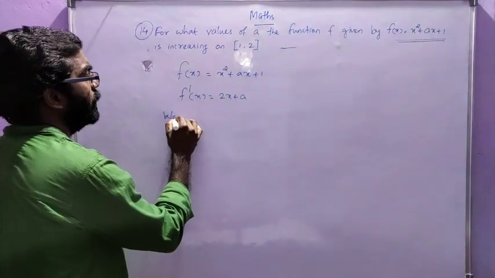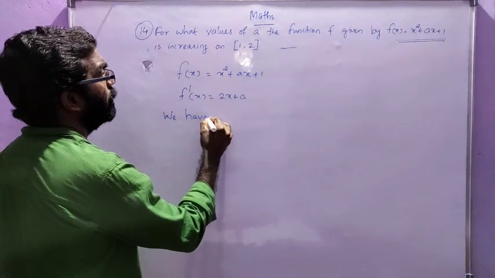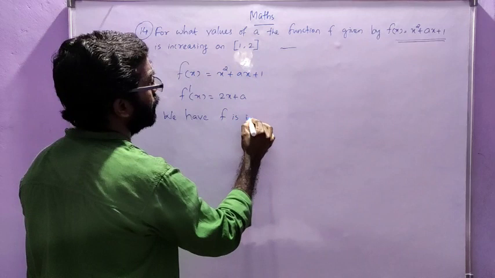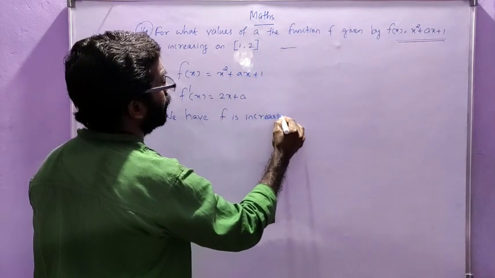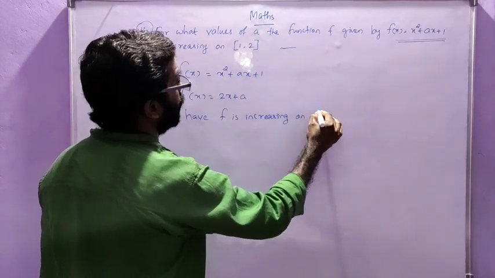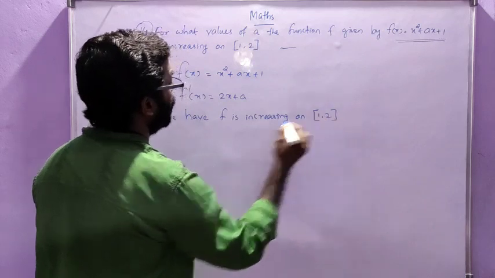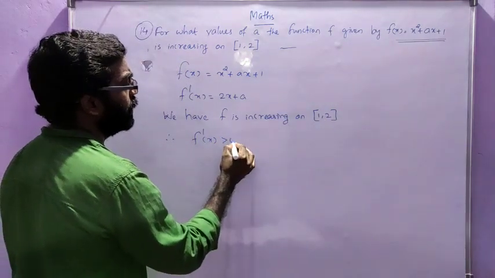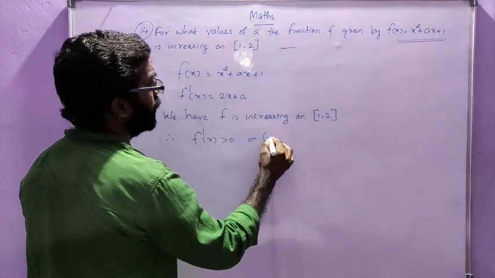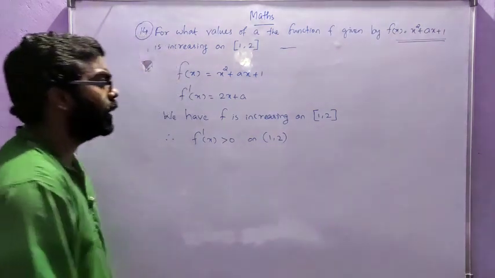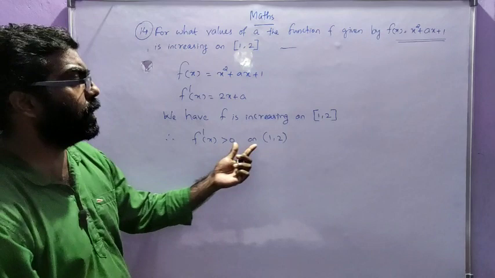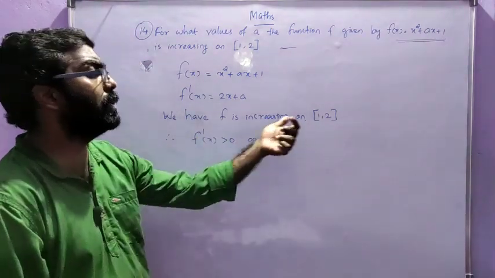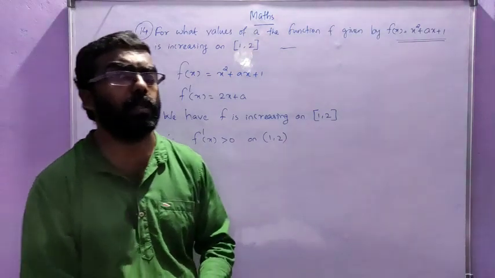We have f is increasing on the closed interval 1 comma 2. Therefore f dash of x is greater than 0 on the open interval 1 comma 2, by the theorem, since f is increasing on the closed interval 1 comma 2.